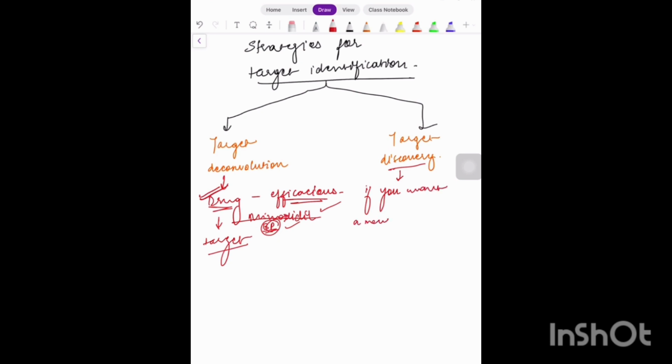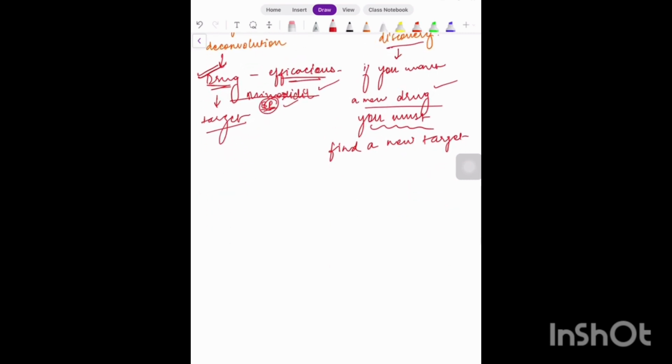So if you want a new drug, you don't have any drug, you need a new drug, then you must find a new target. So once a target is identified, compound libraries are then screened to find a drug that binds to the target and elicits a desired effect. So based on that, we'll draw a very good flow chart on whatever we have learned.